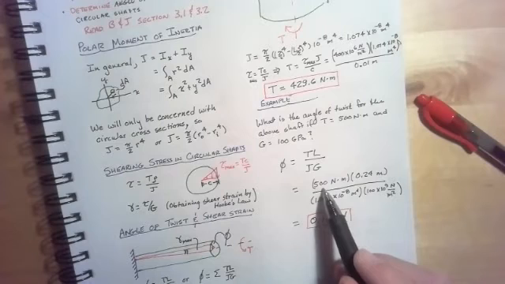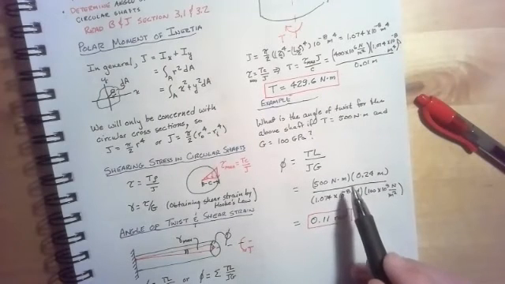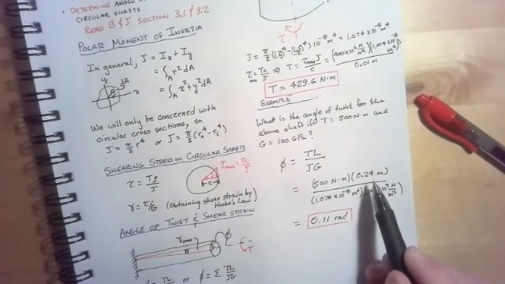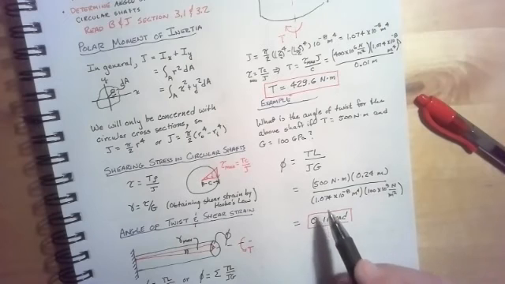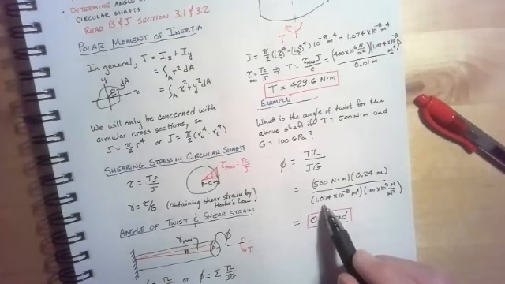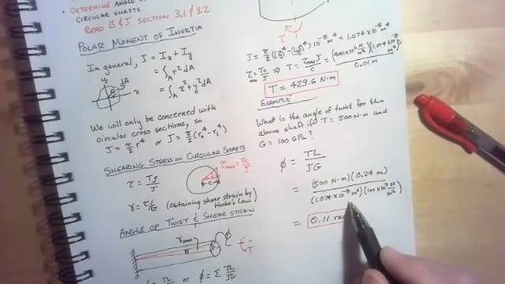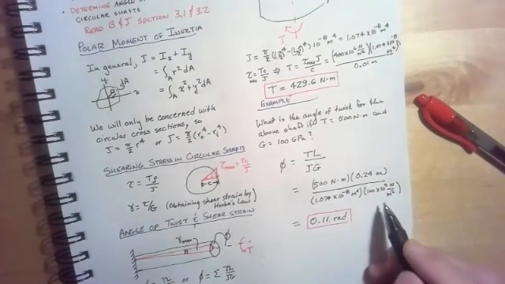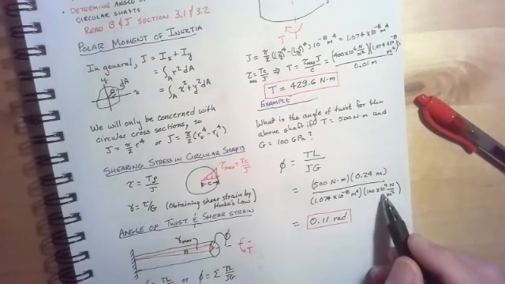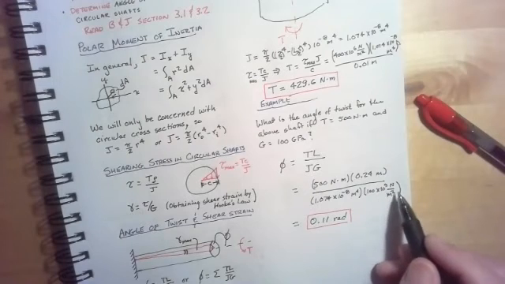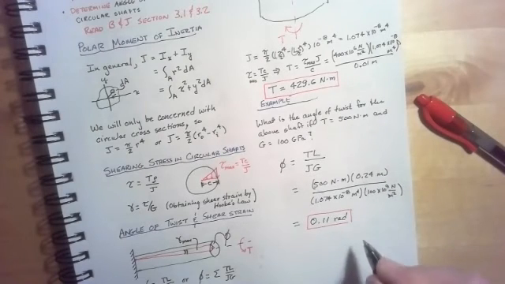And in this case, I would have 500 Newton meters times the length of 0.24 meters. Divide that by J, which is 1.074 times 10 to the negative 8 meters to the fourth. And then G is 100 times 10 to the ninth for gigapascals, newtons per meter squared.